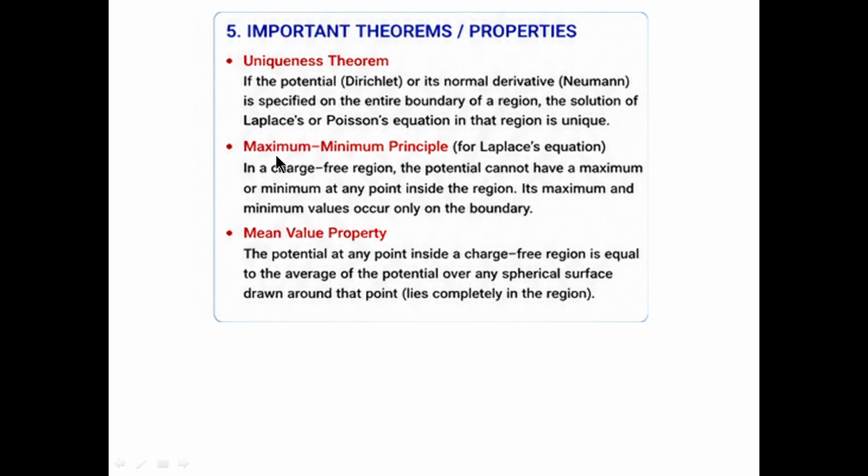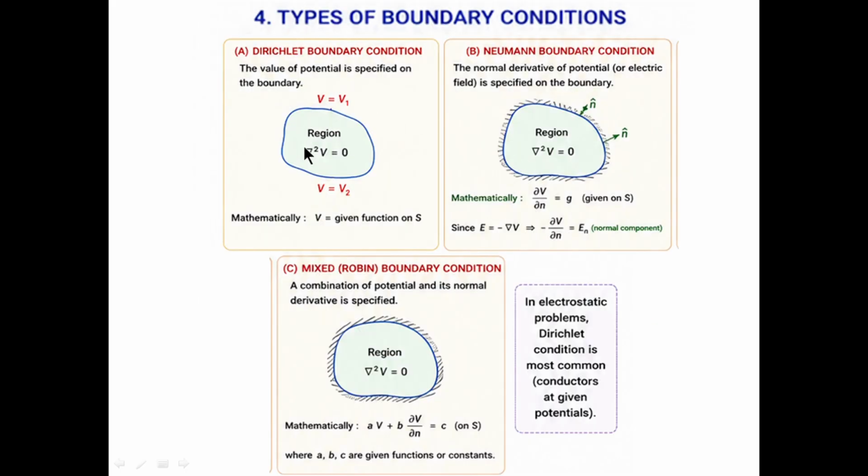Another is the maximum minimum principle, and it is applicable for the Laplace equation. In the charge free region, the potential cannot have a maximum or minimum at any point inside the region. Its maximum and minimum values occur only on the boundary. So if we have this charge free region, there is no charge, here the charge density is 0.